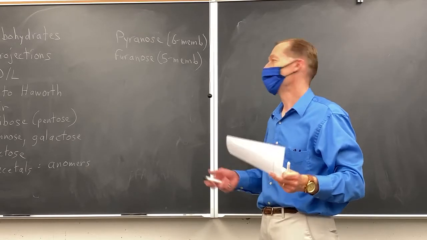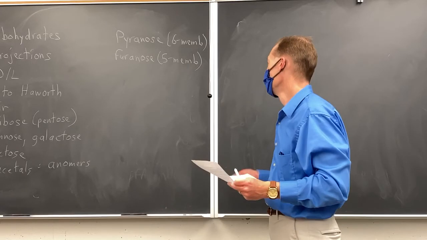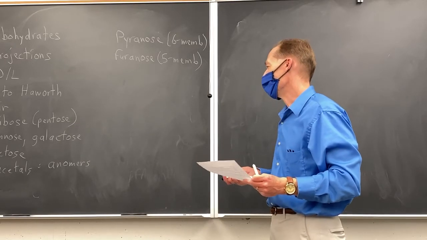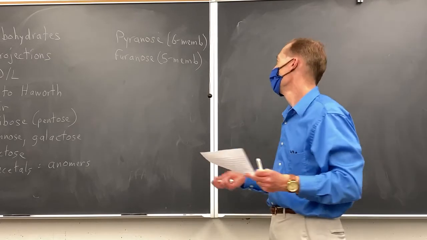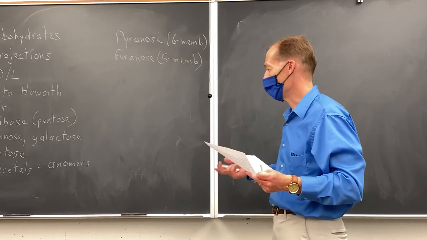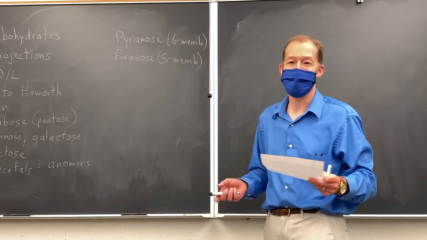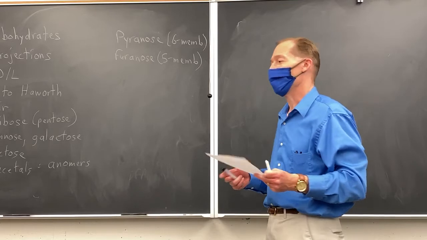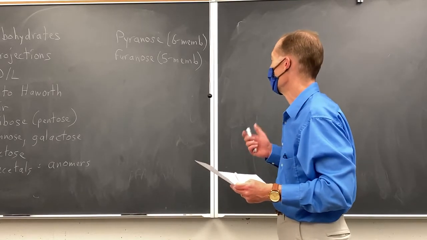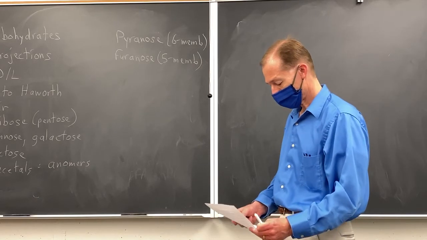Even though fructose can form a pyranose, and the pyranose is the major, it's not by much. The cyclic hemiacetal of fructose that's relevant in nature is the furanose. And the same thing goes for our pentoses, such as ribose, as well as deoxyribose. In nature, those furanose forms are quite relevant.